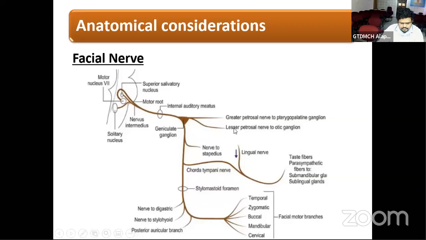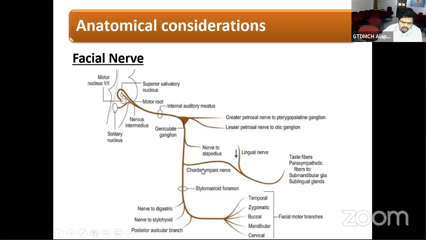This is the genu branches. Then after this genu, it will give a nerve to stapedius. Because when we study facial nerve palsy, Bell's palsy, or sometimes following trauma, facial nerve palsy can occur. So hyperacusis develops because the nerve to stapedius is not working, not relaxing.